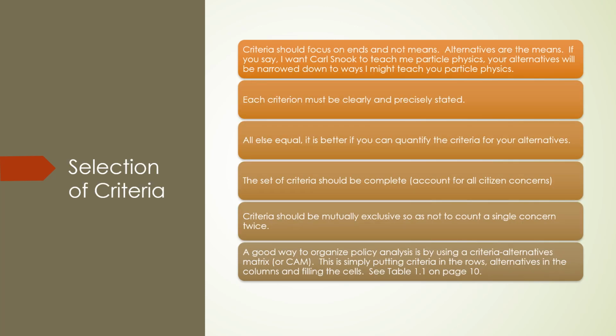So the selection of criteria is perhaps the most important element, right? Criteria should focus on the ends, on the outcome, on what is the solved problem, not the means. Again, if one of your criteria is how well you can make a wet blanket work to put out a fire, or how many blankets are being used to put out the fire, you aren't necessarily asking the right question.